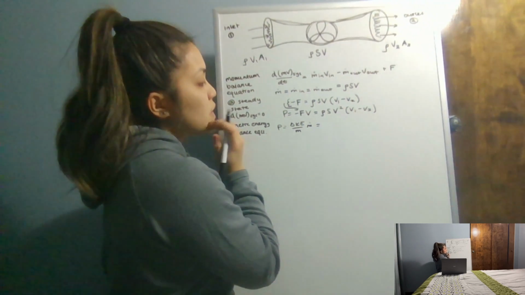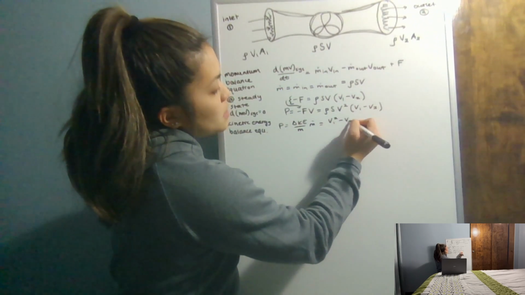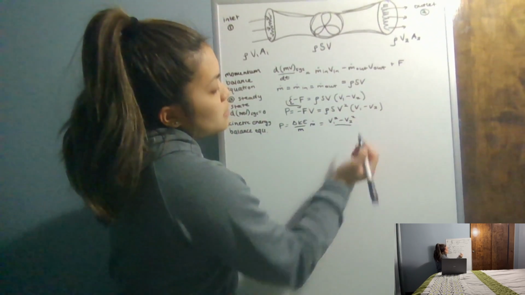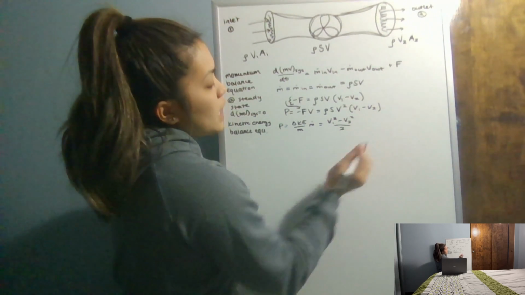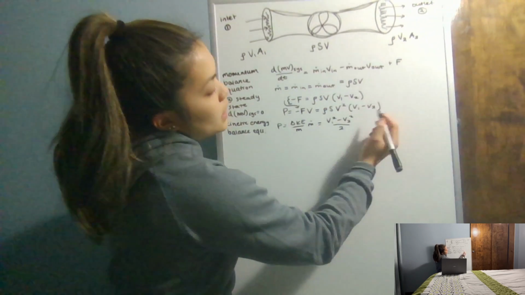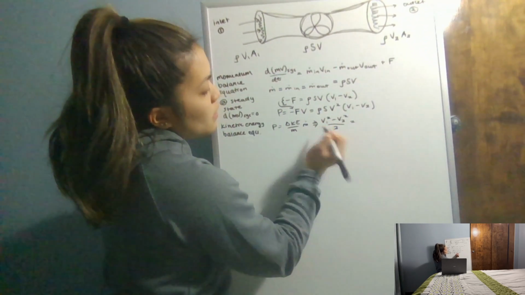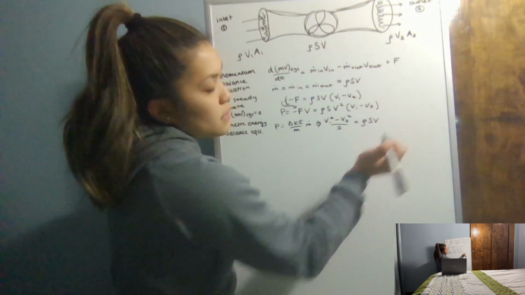So this is going to equal the velocity at position 1 squared minus the velocity at position 2 squared, divided by 2, times, again, the mass flow, which is the density times the area times the velocity.